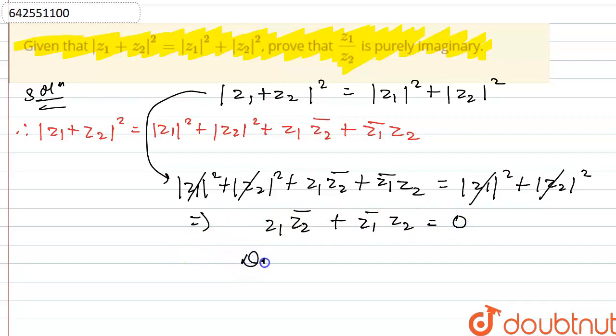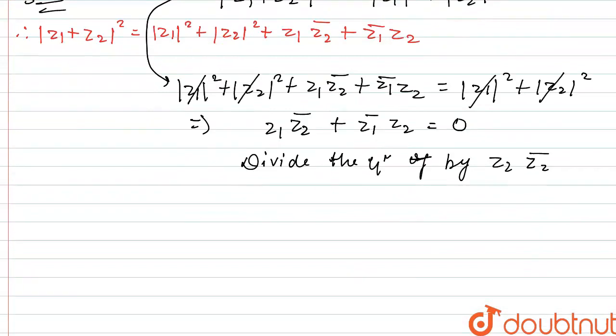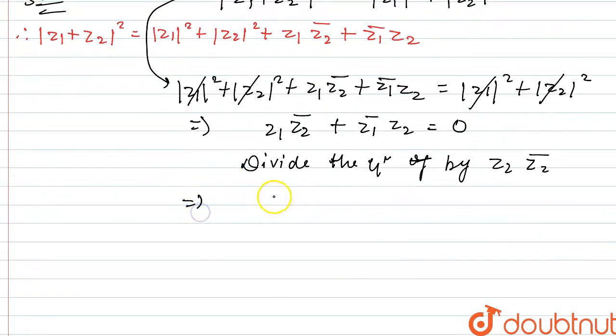Now just simply divide the equation by z2 and z2 bar. Okay, so what we'll get here is z1 upon z2 plus z1 bar upon z2 bar is equal to 0.